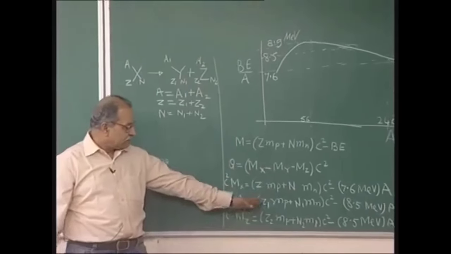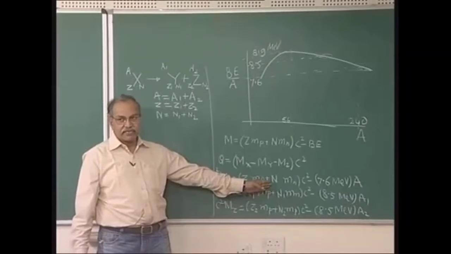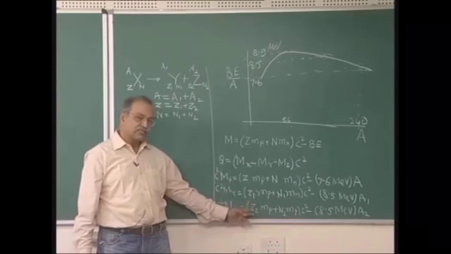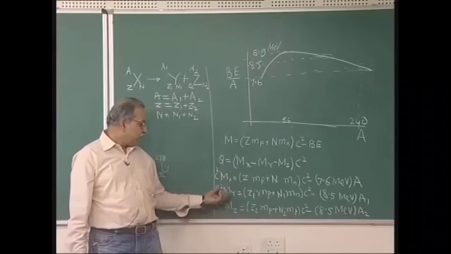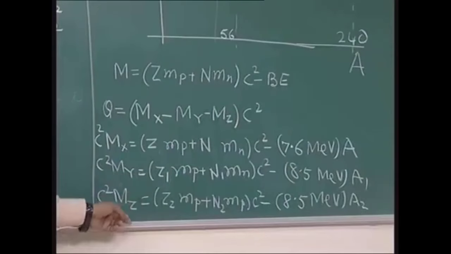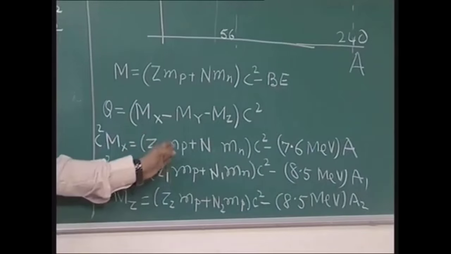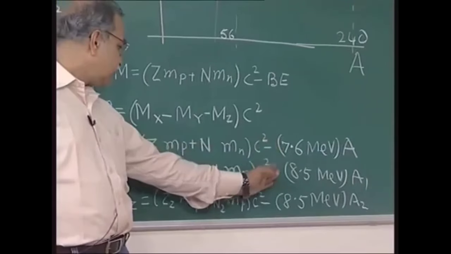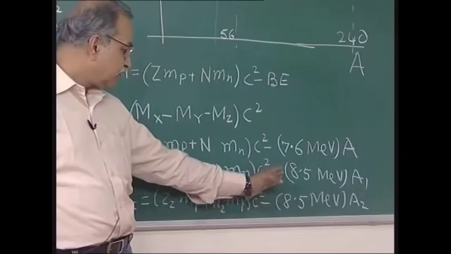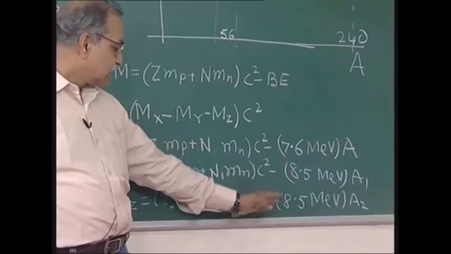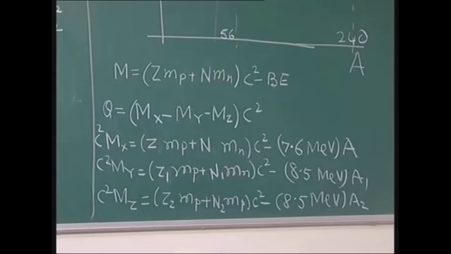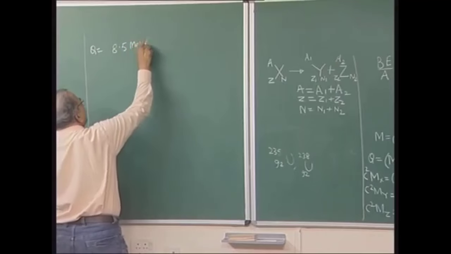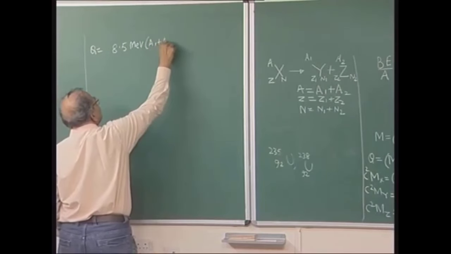So, when you subtract this part, this proton mass part and neutron mass part, that will cancel out, because Z is equal to Z1 plus Z2. So, when you subtract this my c square and mz c square from mx c square, this part will all cancel out, and then you will have this one minus this one. So, these two will become positive and this will remain negative. So, it is 8.5 MeV common A1 plus A2.